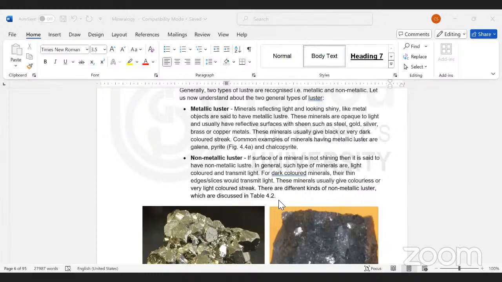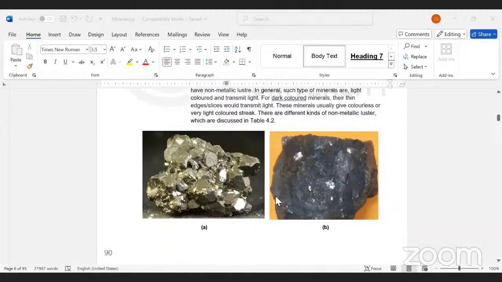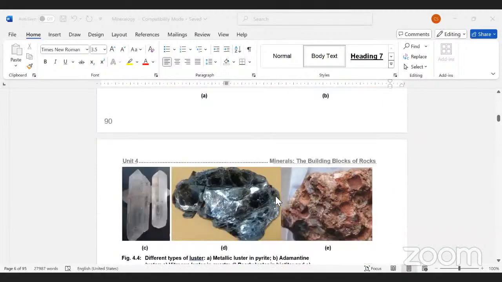And non-metallic luster: here you see the surface of the mineral is not shining, because it does not have a metallic property. So a colorless or very light colored streak will appear.